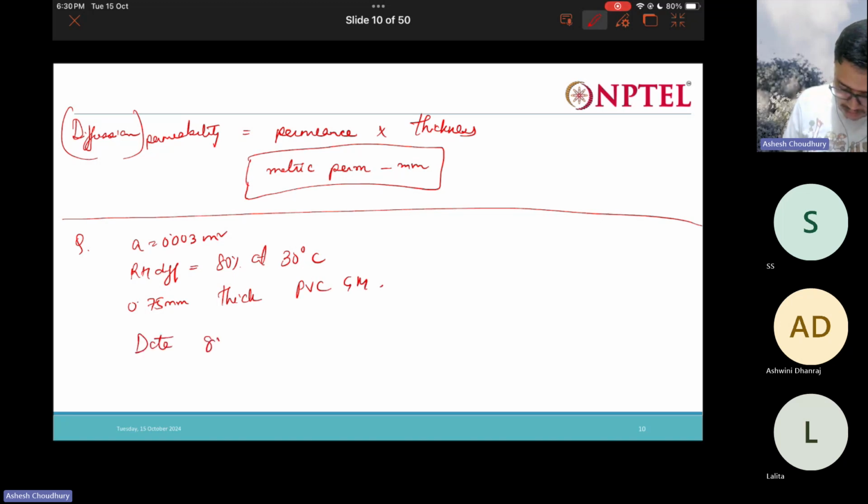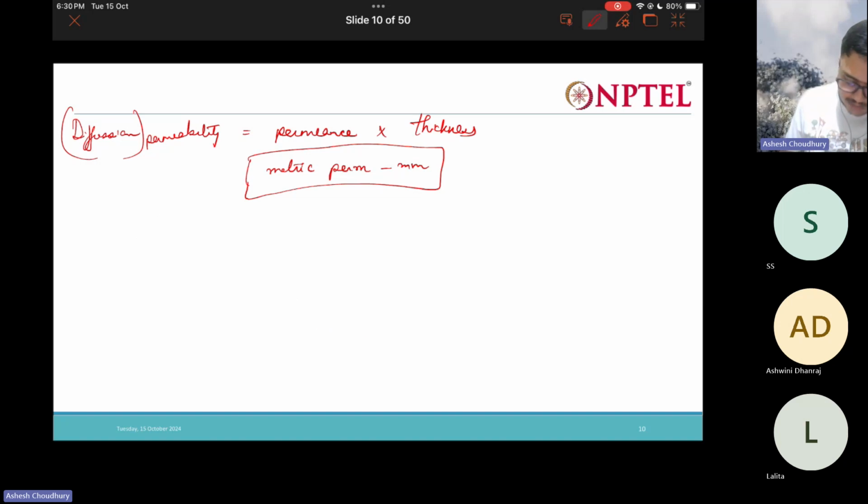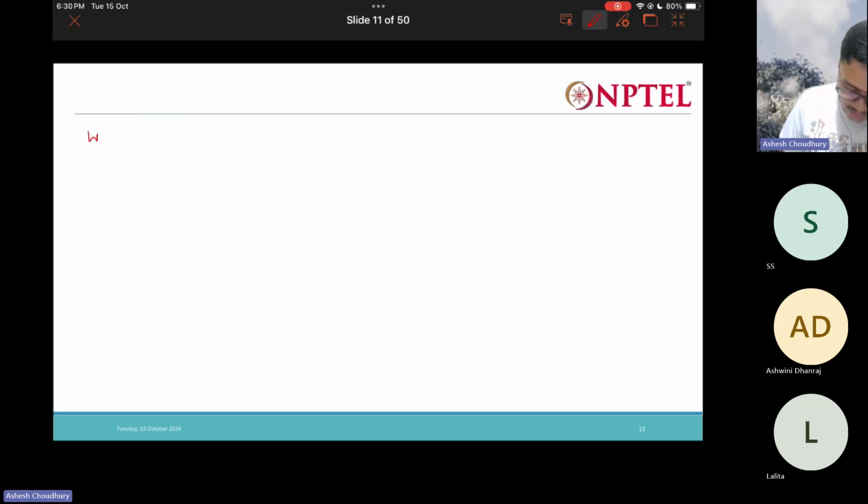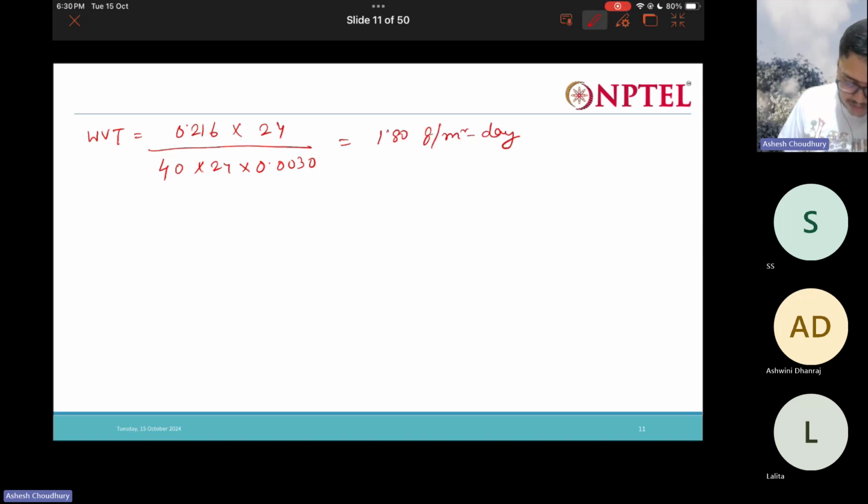Data given previously. So water vapor transmission is what? 0.216, that you got from the graph, divided by 40 times 24 times the area, 0.0030. So it will come as 1.80 gram per meter square day.